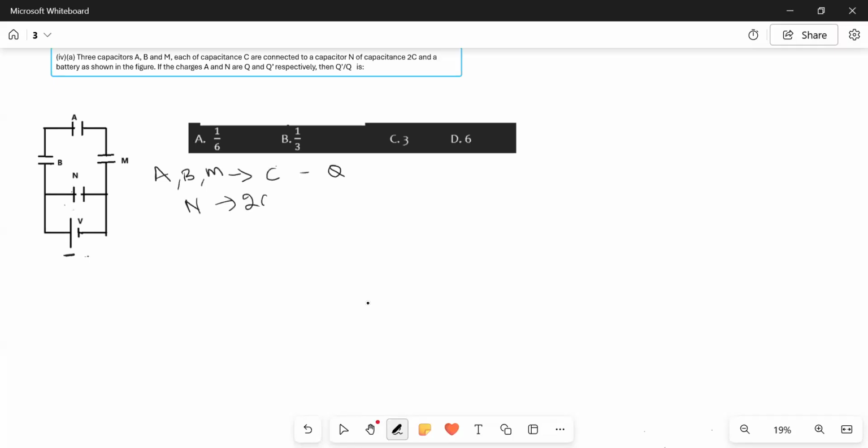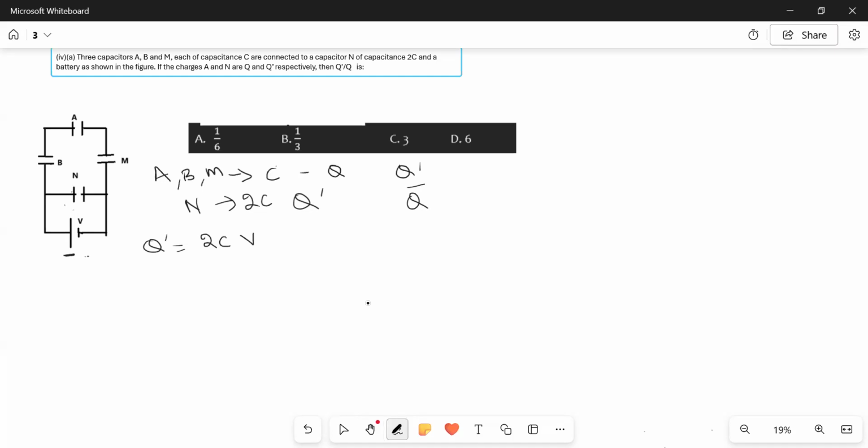Its capacitance is 2C, and the charge on it is Q dash. So we have to find what is Q dash by Q. Now to find Q dash, we should know what is the potential, because Q is given by CV. The capacitance is 2C, and the potential difference is V. So Q dash is 2CV.